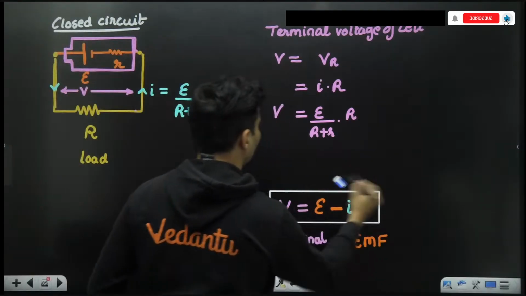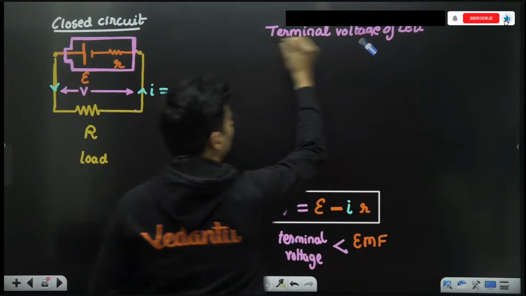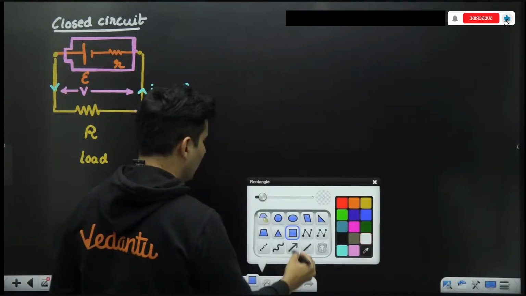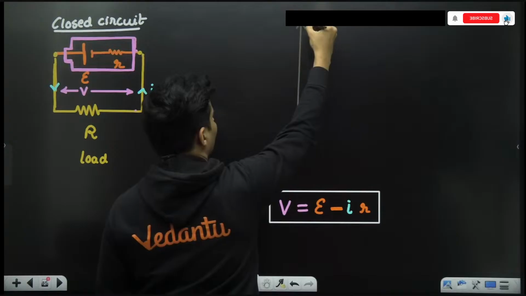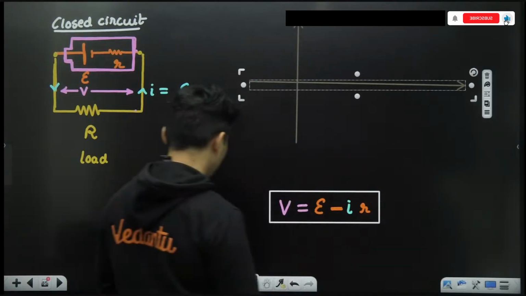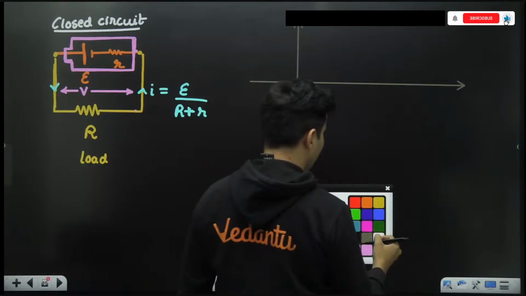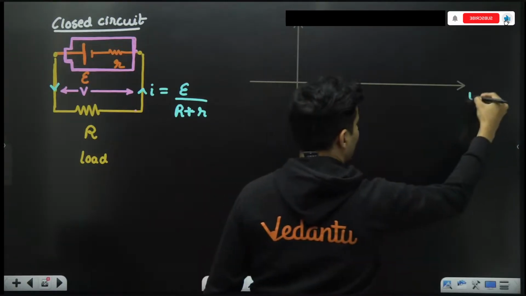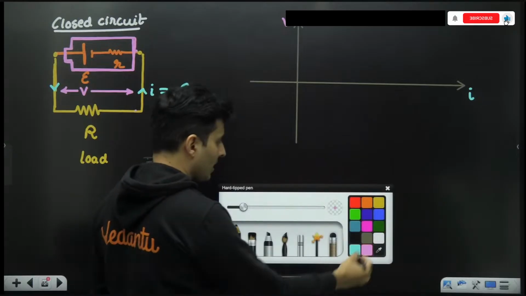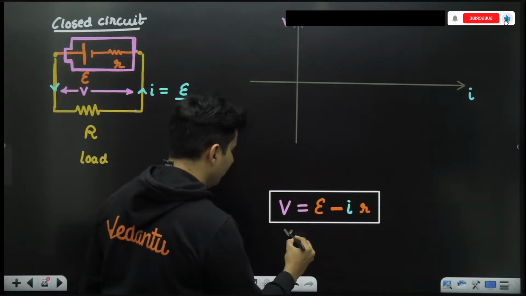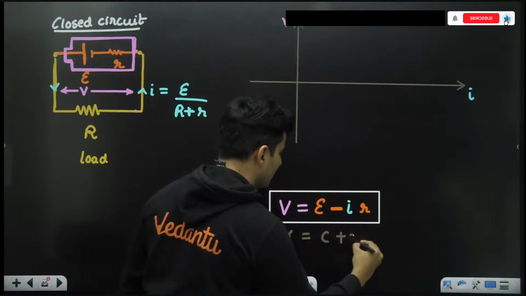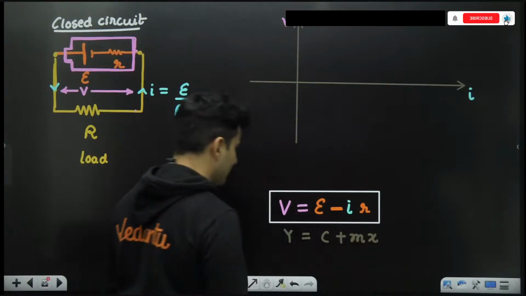This also leads to one more thing over here. So I can just get rid of this. If I draw a graph over here, very, very important. Let's say this is our current and let's say this is our terminal voltage. Compare this equation with y is equal to c plus m into x.